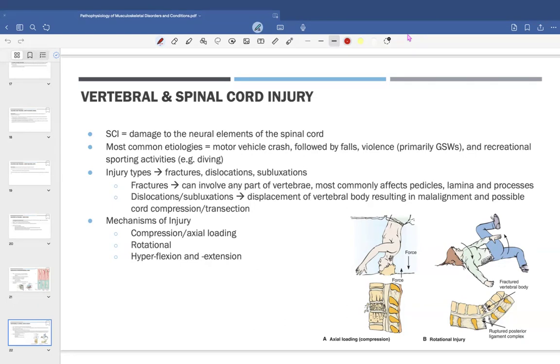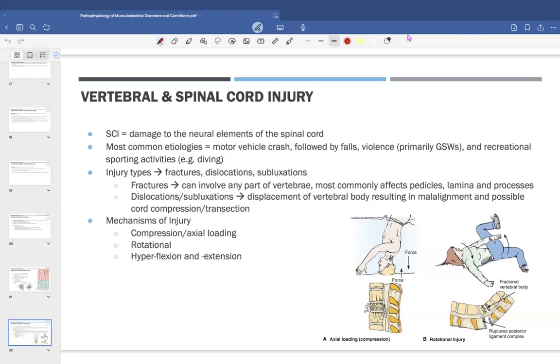But when we talk about spinal cord injuries, it truly means that there's damage to one of the components of the cord itself, which is your central nerve, considered the central nervous system. Some of the most common etiologies, which you will see a ton of in your clinical careers, are motor vehicle crashes.